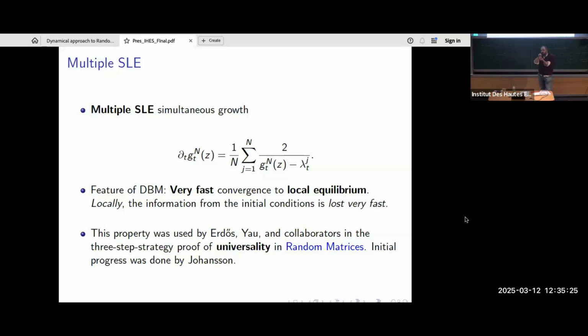It means that if you zoom in on the spectrum at scales containing up to n to the epsilon eigenvalues, then you can see the pattern there much faster, essentially in time 1 over n, roughly. So the convergence at the local scale is much faster than in the global picture. This is one of the ideas behind this very fast convergence. If you want an intuitive way to think about it, it has the nice feature that the local information is lost very fast in this process.